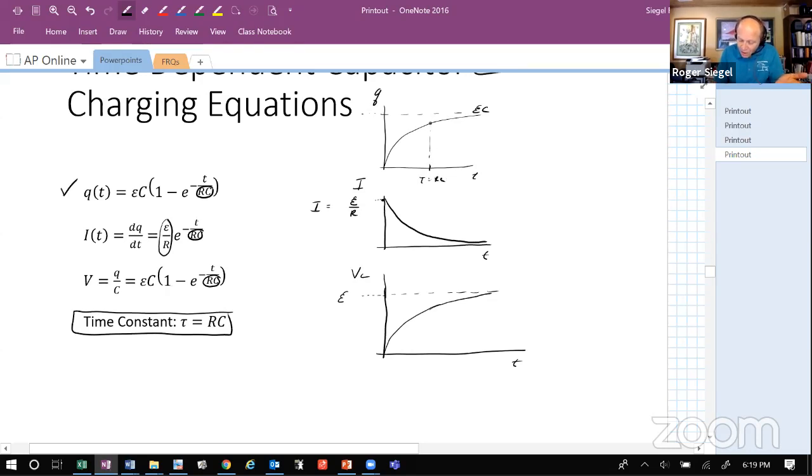If I go up here and I come over here, well, what is that value? Well, this value is 1 minus e to the minus 1, and that comes out to be about 0.632. Okay, about 63%. So after one time constant, the charge has gone to 63% of maximum.